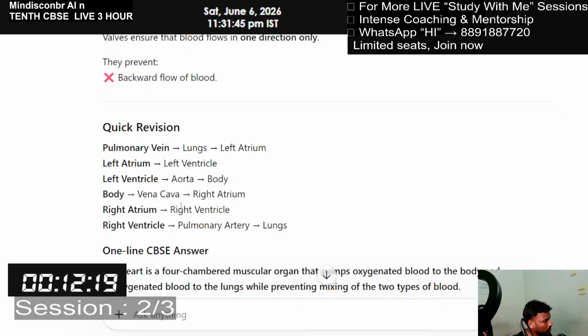Left atrium to left ventricle to aorta to body, body to vena cava to right atrium to right ventricle to pulmonary artery to lungs.